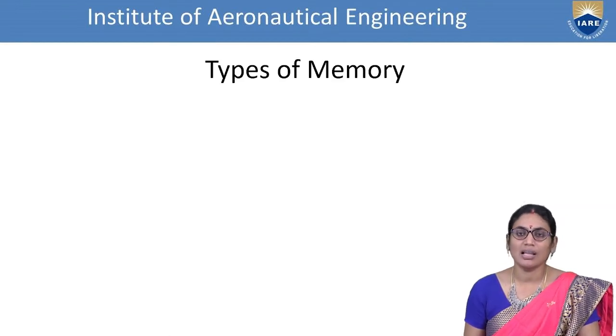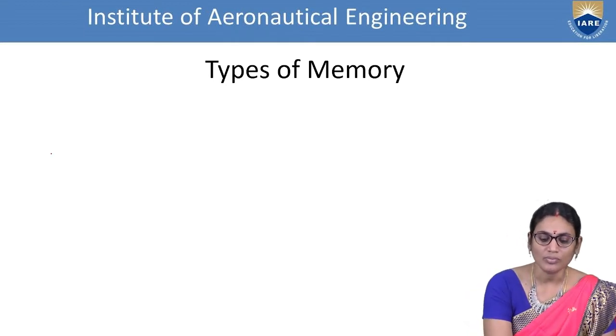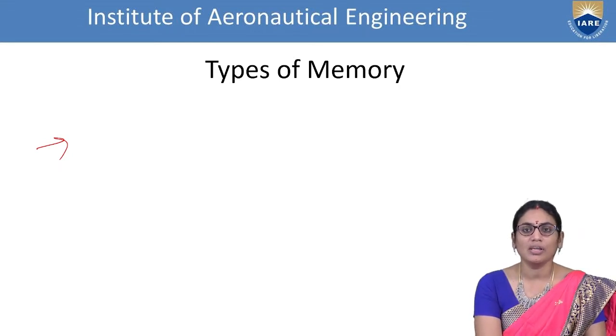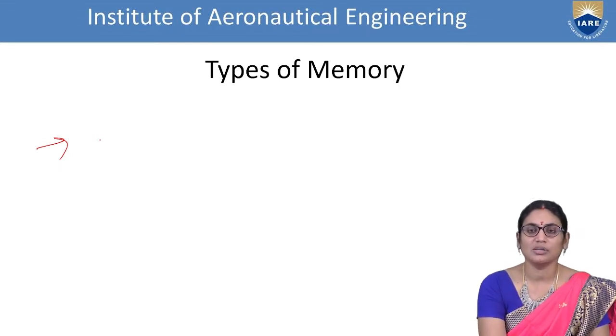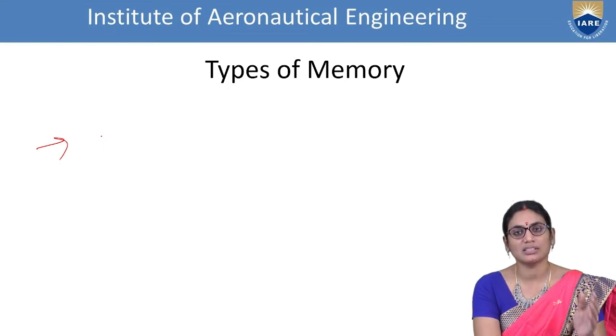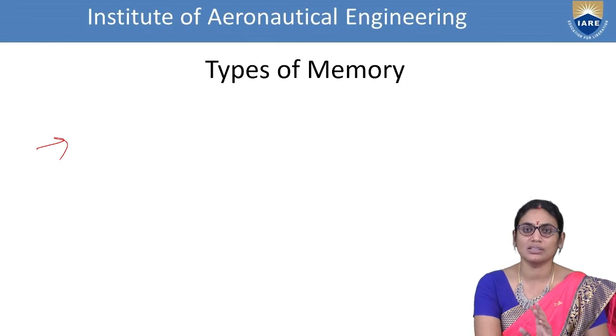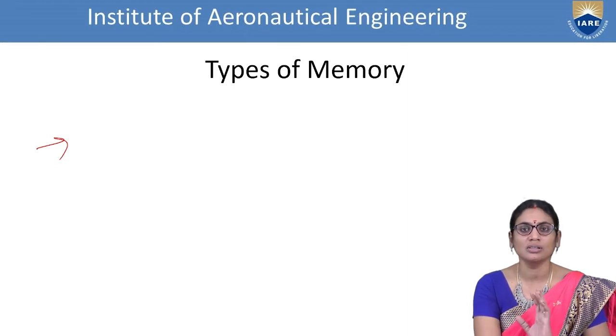Just have a glance at the definition of a computer, and then we'll move on to the memory unit. As per the definition, a computer is nothing but a device which accepts input, processes the task, and gives you the result.